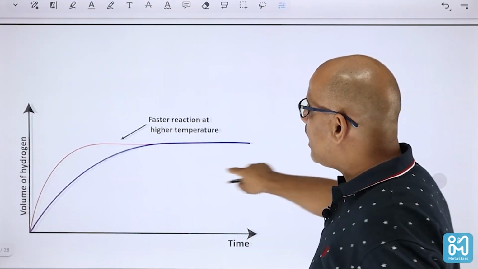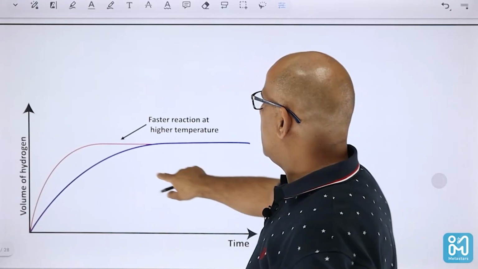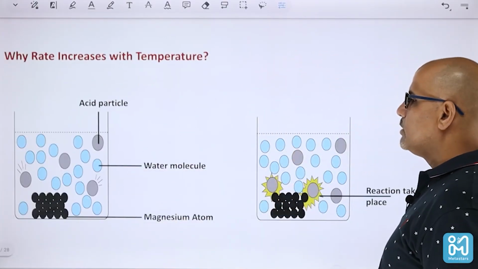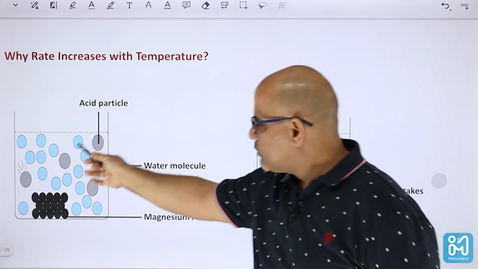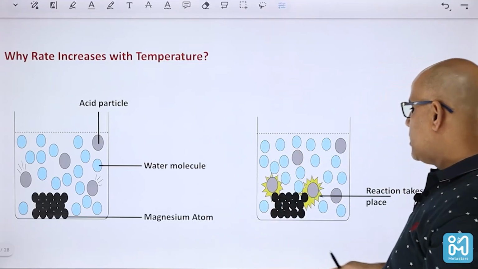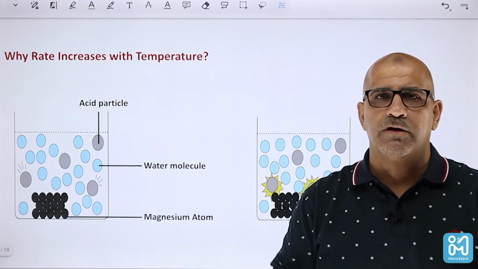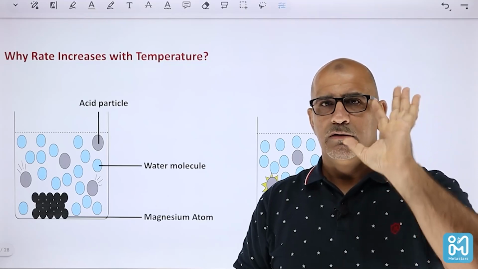Now let us talk about the temperature. If we increase the temperature, we are talking about the same concentration, the same amount of particles, but we elevate the temperature of the reaction. So this increases the kinetic energy of the particles. They move faster. Focus very well there.